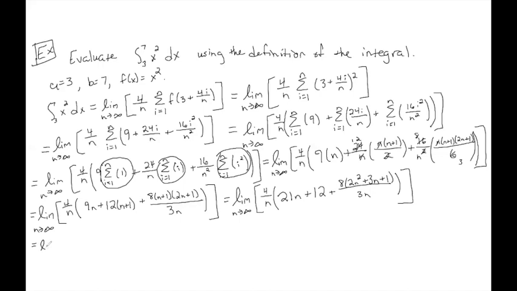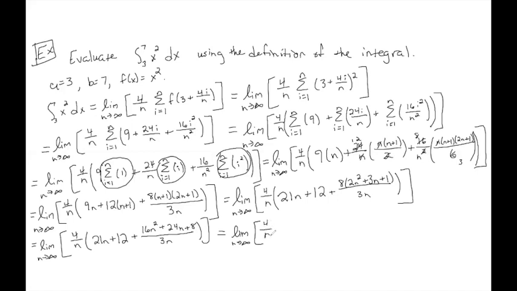Okay. Still have my 4 over n on the outside, still carrying my limit through. And let's distribute that thing through: 21n plus 12 plus 16n squared plus 24n plus 8 over 3n. Now, here's something that didn't happen last time. And this is something that you probably should be able to do, but maybe it's not obvious right off the bat.